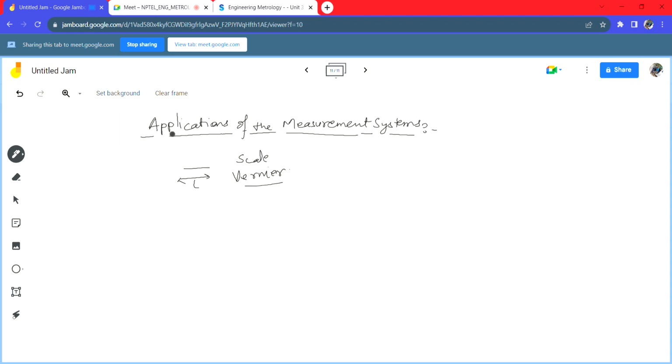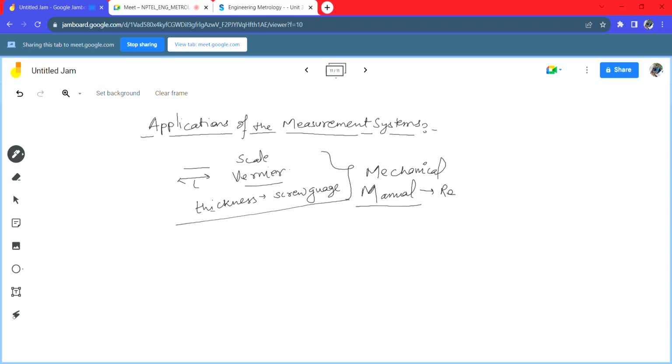If there is a diameter or thickness, for that thickness we would rather go with something called a screw gauge, and so on and so forth. So these were all mechanical, manual instruments. We had to operate them and we had to read the values on our own.